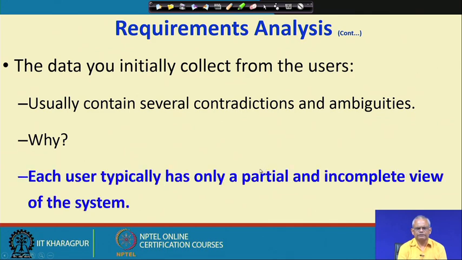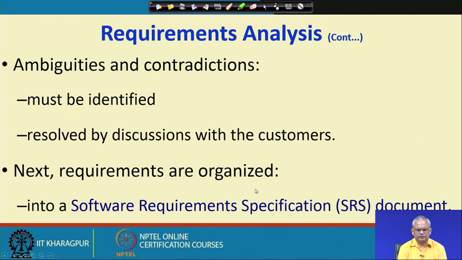They might also miss out some of their requirements, or they may give an ambiguous statement. Each user has a partial and incomplete view of the system, and that is the main reason why there are difficulties in the gathered requirements.